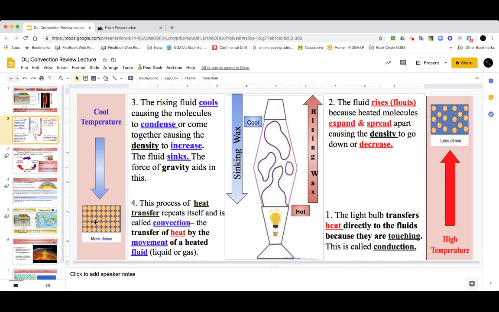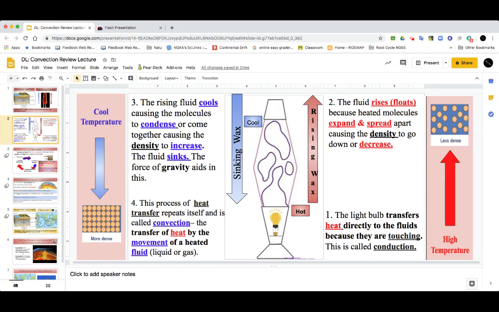When molecules do that and condense together, it actually affects the density of the fluid. The density now increases. So if you have an increase in density, that means more dense. The fluid now sinks to the bottom of the lava lamp. Now, gravity is always a force that acts upon everything on planet Earth.